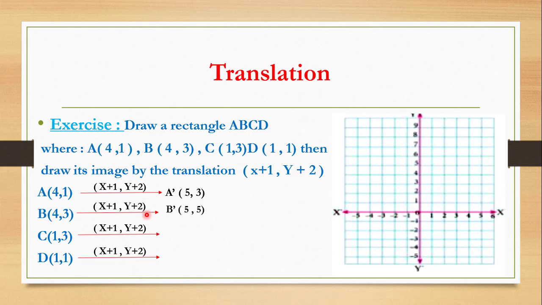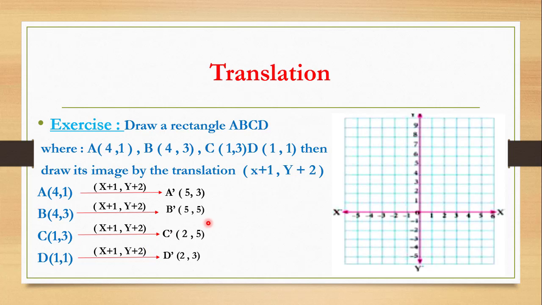So (5, 5). C dash, the same way: 1 plus 1 is 2, 3 plus 2 is 5. So we have (2, 5). This is C dash. Finally, D, (1, 1). We will add 1 to the first coordinate: 1 plus 1 equals 2 and 1 plus 2 equals 3. So D dash is (2, 3).